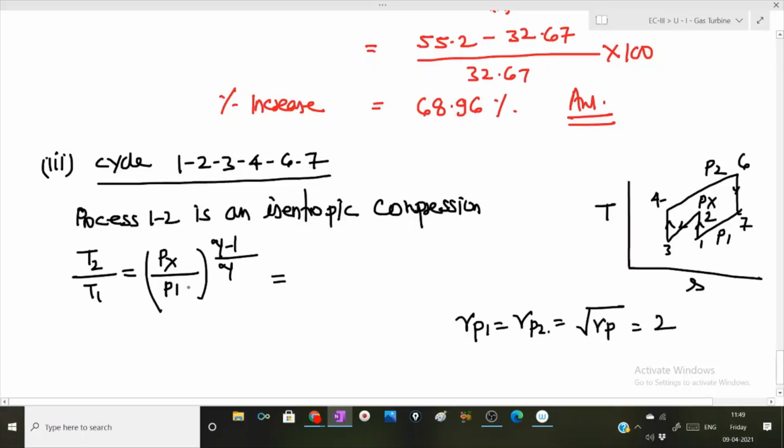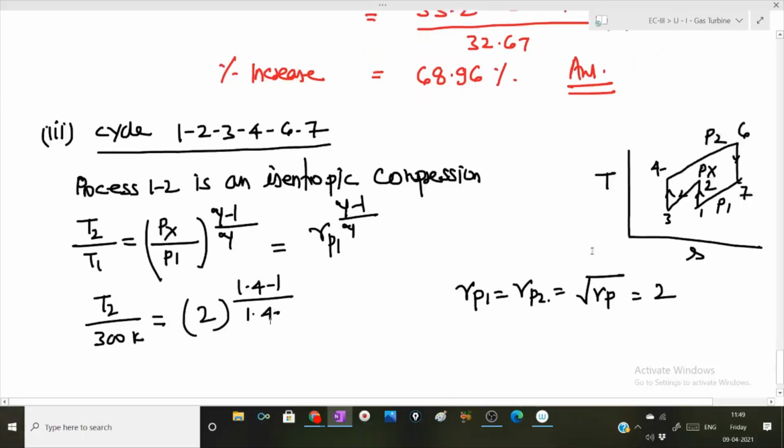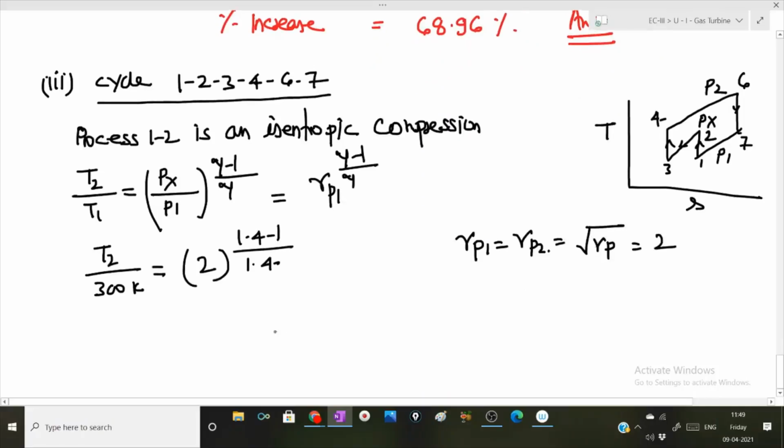So Px by P1 is nothing but Rp1, the pressure ratio in the low pressure compressor. So T2 over 300 Kelvin is equal to 2 to the power 1.4 minus 1 over 1.4. So from here the value of T2 will be 365.70 Kelvin.